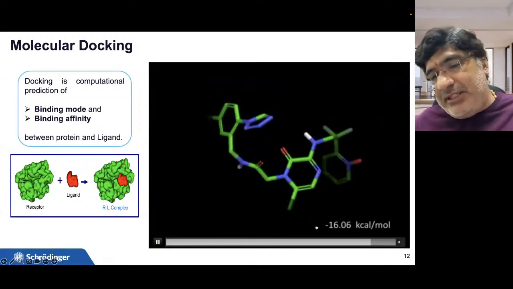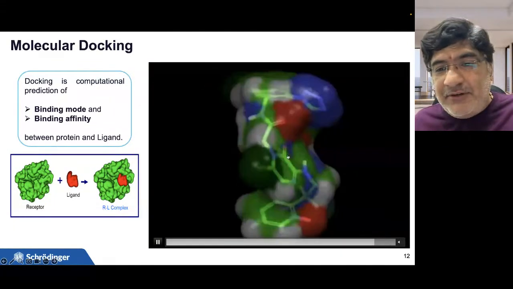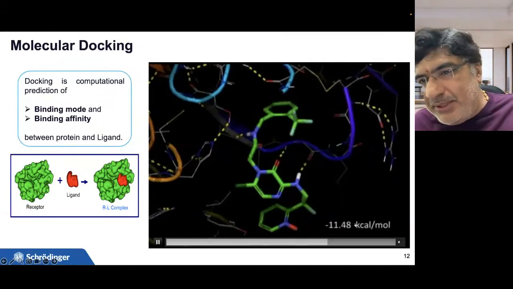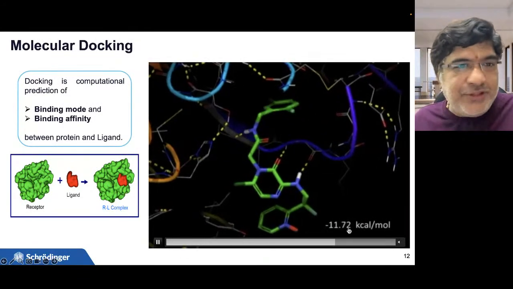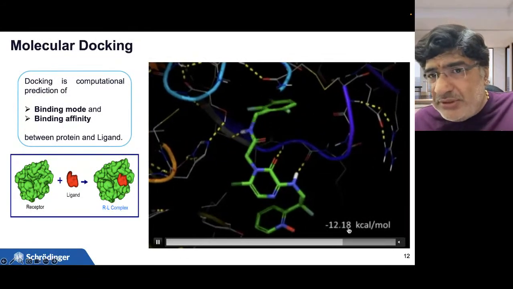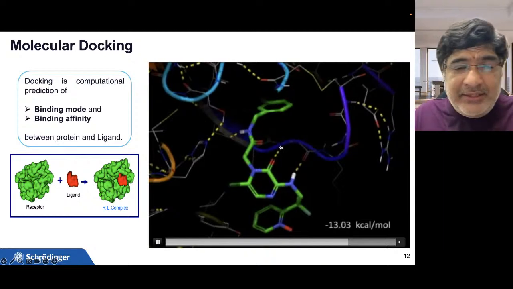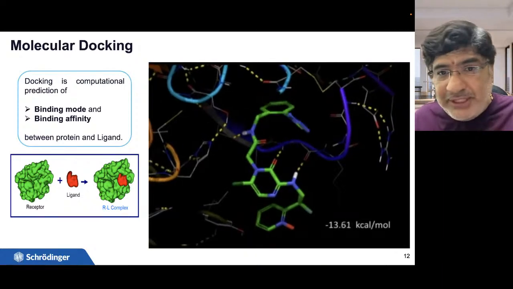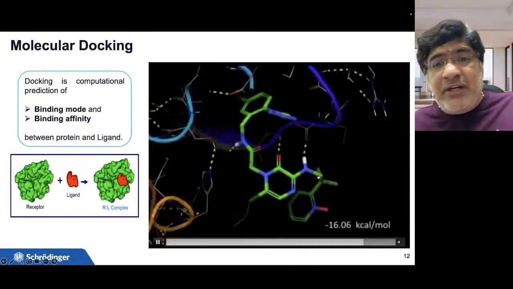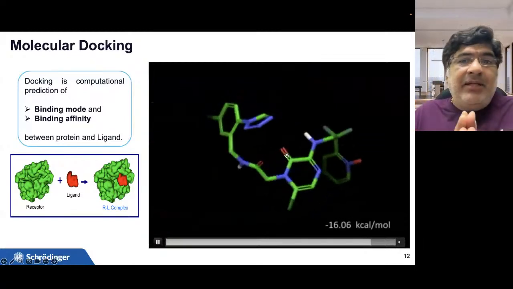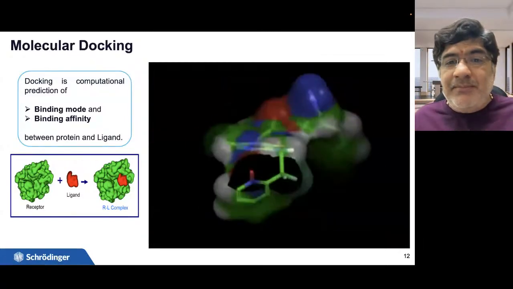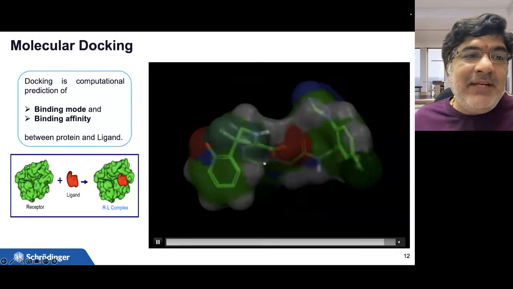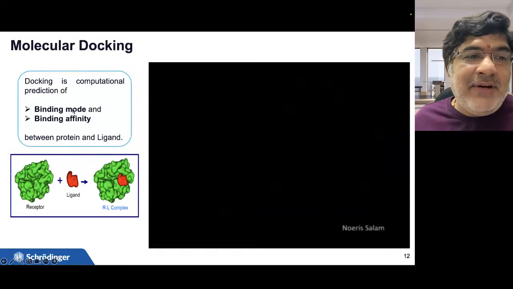The molecule which exhibits a higher number of interactions, a higher negative number, indicates stronger binding. In drug discovery, majorly for potency optimization, we are looking for a molecule which could bind efficiently with the protein with multiple interactions so that it will have higher binding affinity.